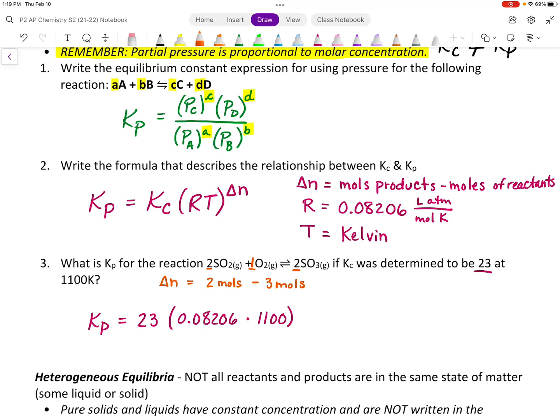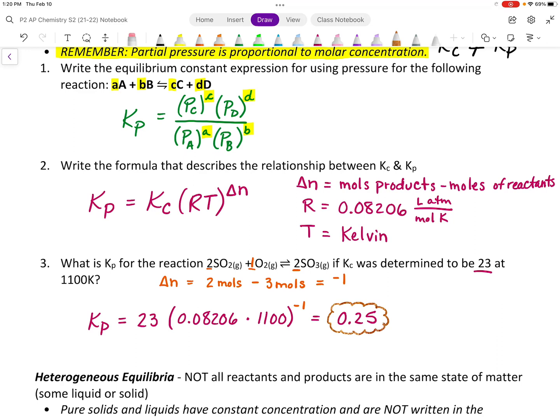Okay, so products minus reactants, and that gives us a -1. And so we're going to put this to the -1. We're just going to go ahead and plug that in our calculators, and that should give us a smaller number, and I get 0.25. Again, remember our K values when we're dealing with equilibrium do not have units.